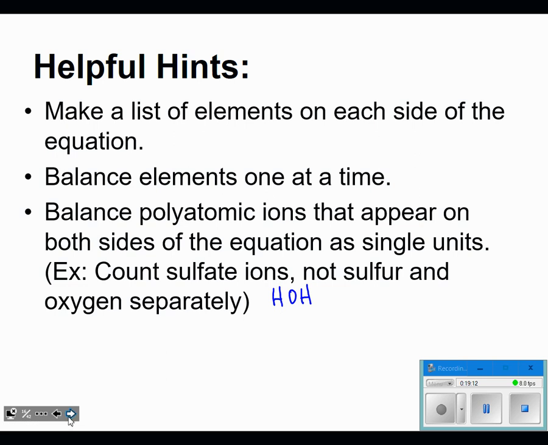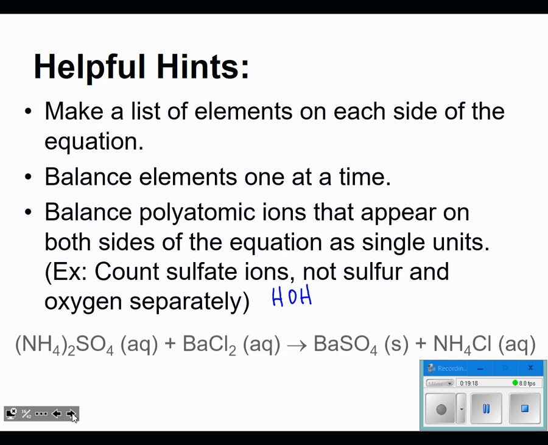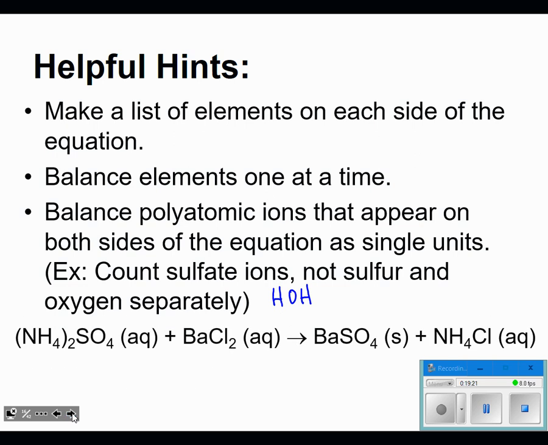That might have been helpful in our last example as well, so that we could have seen things a little bit differently. So for example, on this one, I could look at the NH4s, and NH4 appears over here as well. So I could just keep the NH4 together because I would say that there are 2 of them on this side and there's only 1 of them on this side.